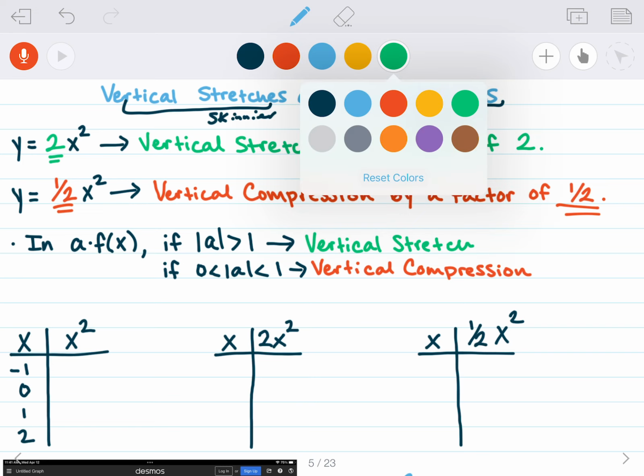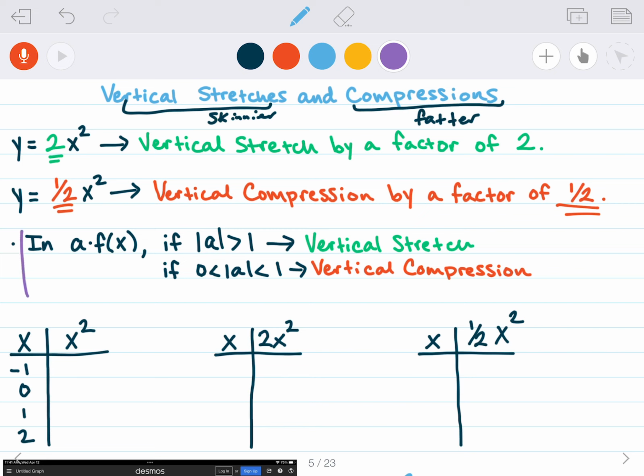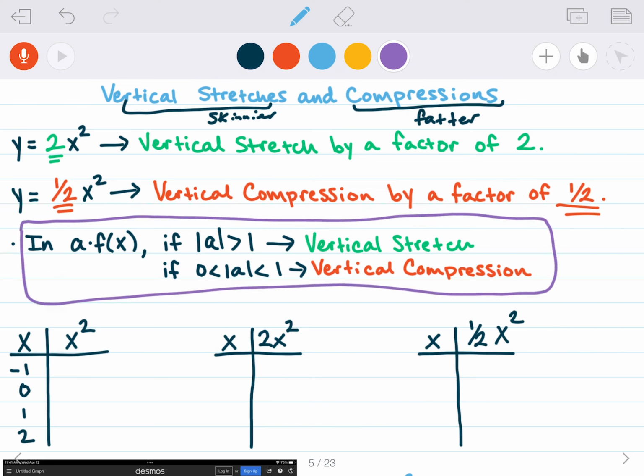And here's the rule, which tells us if it's a stretch or a compression. This is the compression or stretch factor, and it says if the absolute value of the number being multiplied in the front is bigger than 1, it's a vertical stretch, just like in this example here. 2 is bigger than 1.